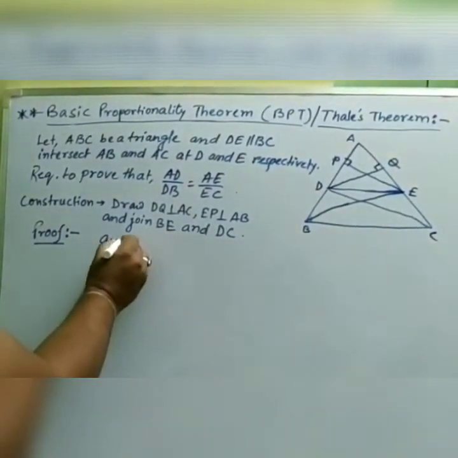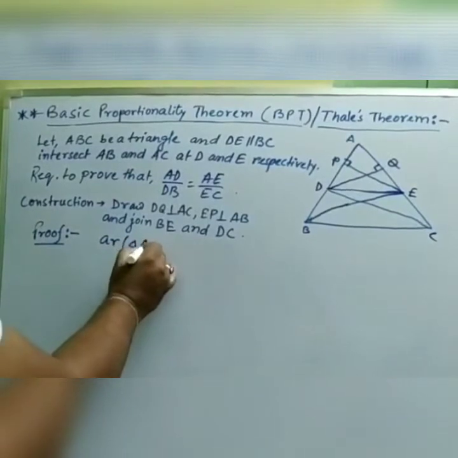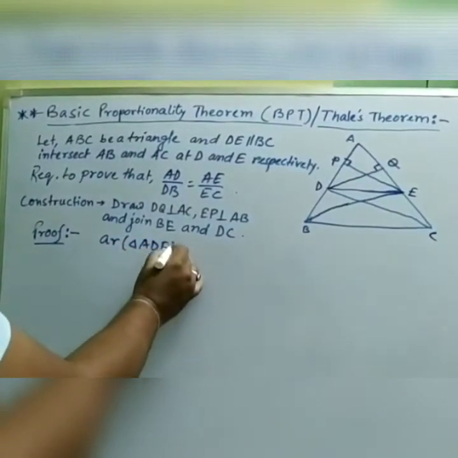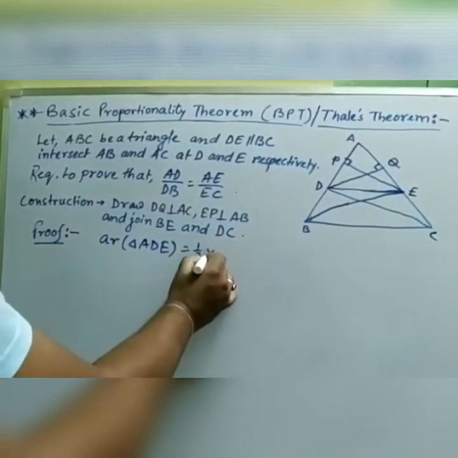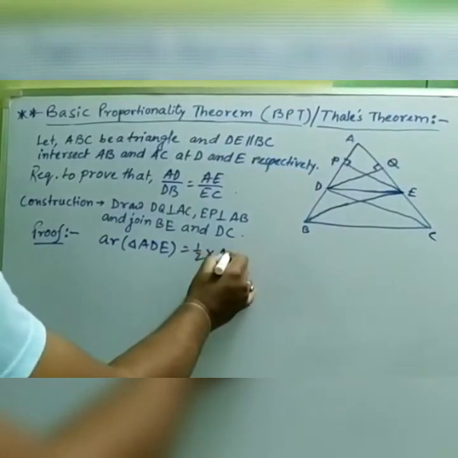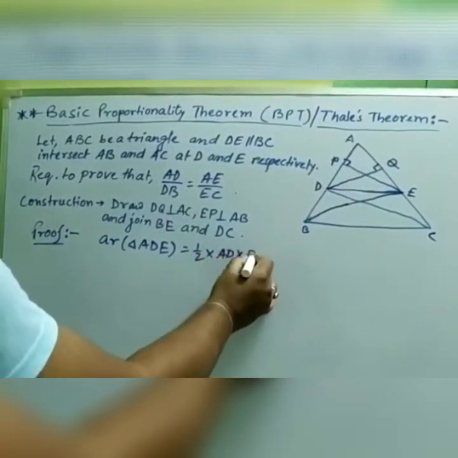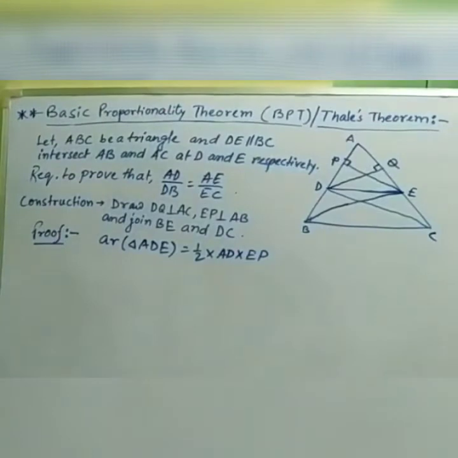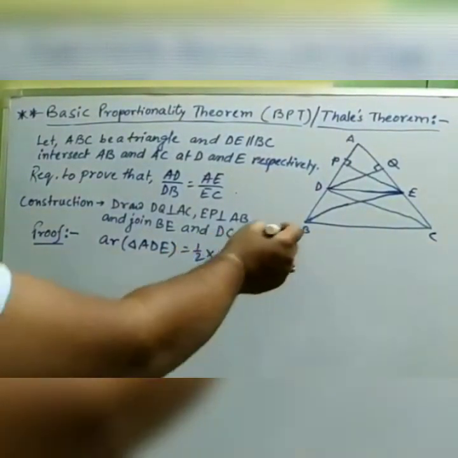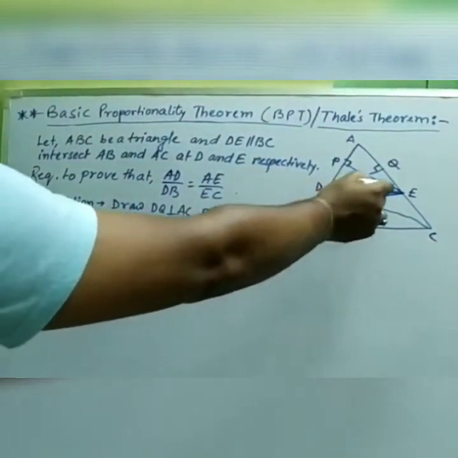Area of triangle ADE equals half into base, and that base is AD, into height, that is perpendicular EP. Again I am taking another triangle, that is BDE.